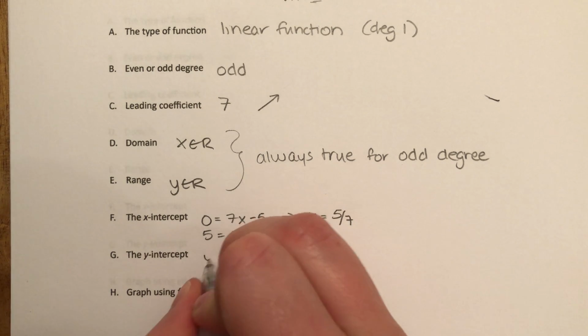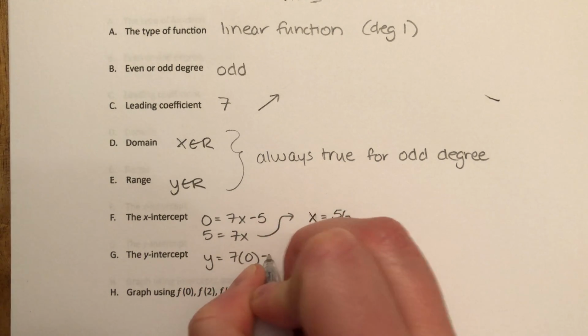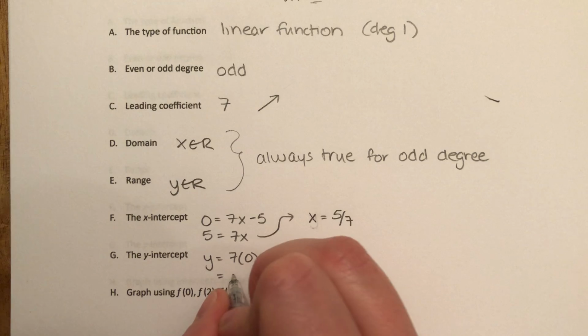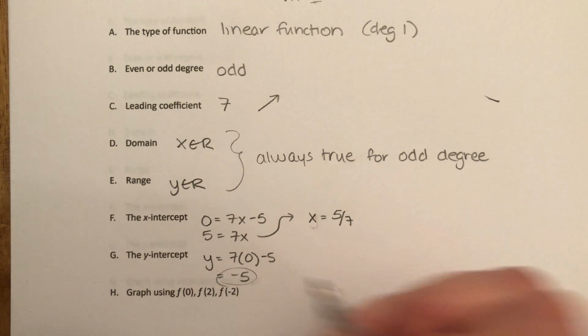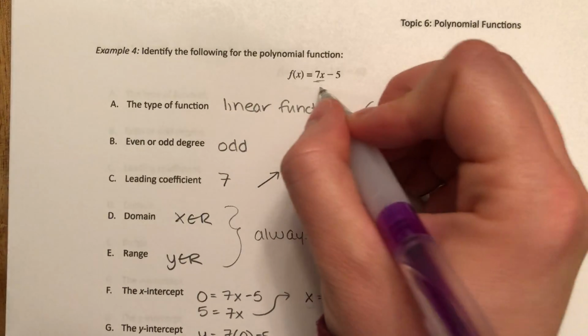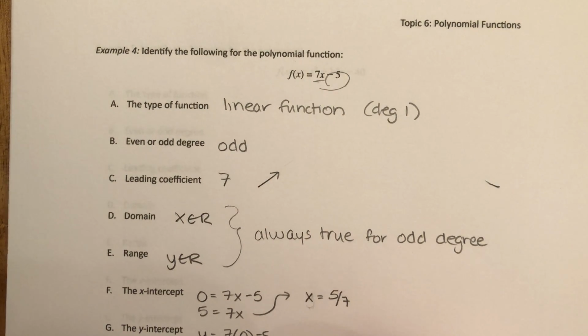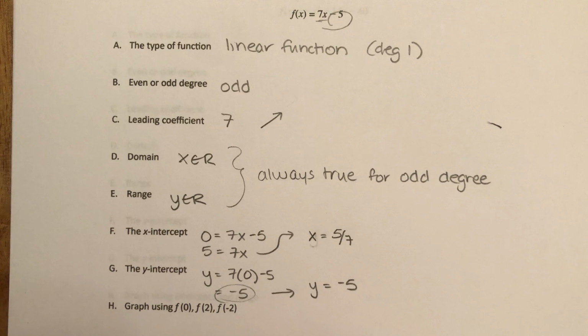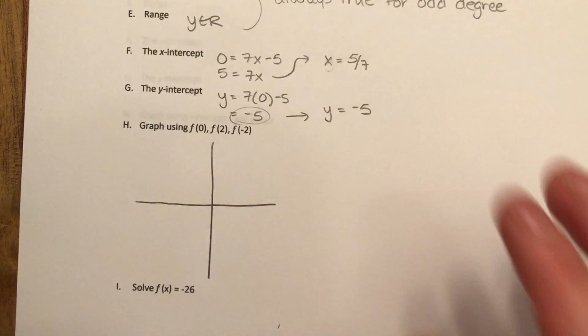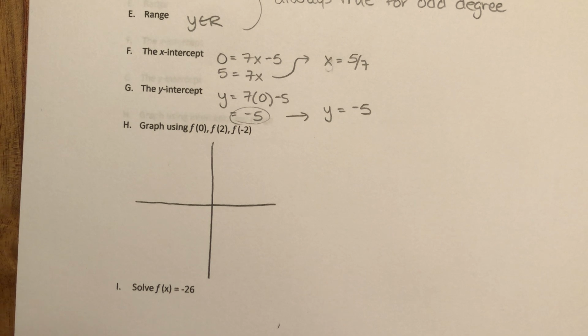The y-intercept happens when x is equal to 0. So 7 times 0. That y-intercept, as we said before, is always going to be that constant value. So y is equal to -5. So if I wanted to sketch a graph of this thing, without doing it on my calculator, I can.